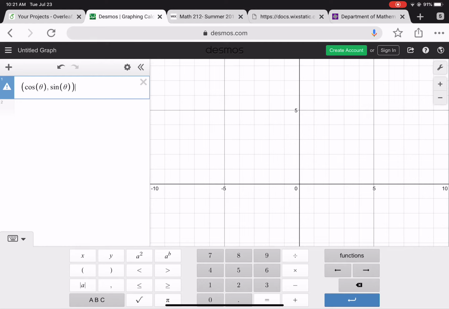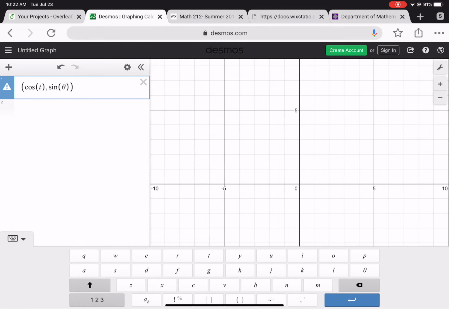I don't think it understands what theta is. So instead of theta, I'm going to call it t. I told you that t stands for time, but in our case, t is going to stand for the angle. We start from the positive x-axis, and if it's positive, it's going to go counterclockwise.